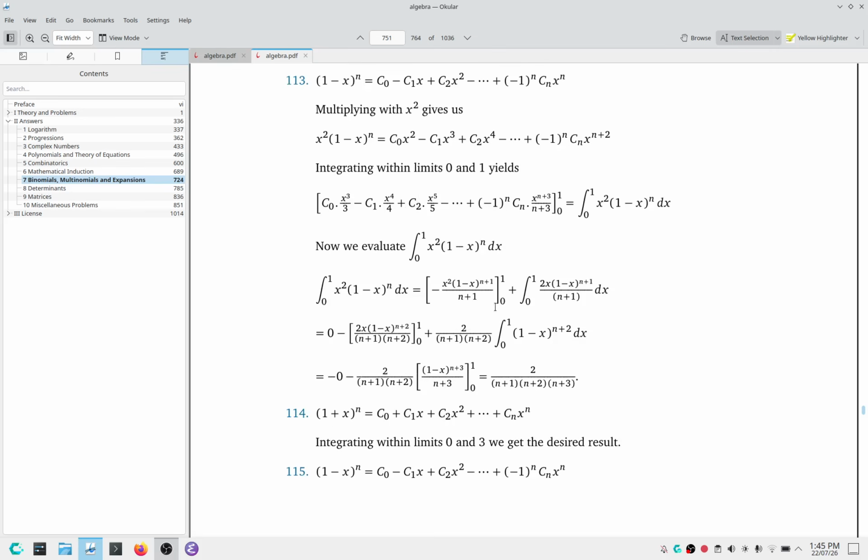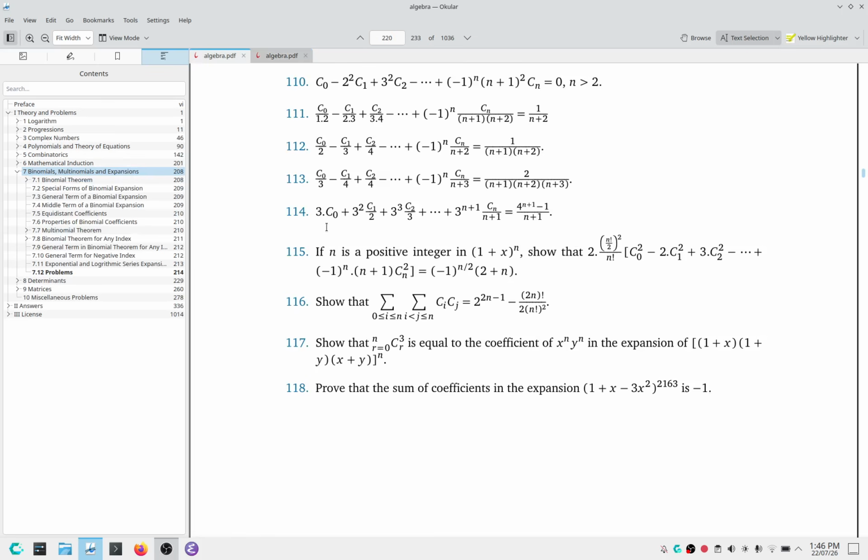This time integration is more complicated, but it's the same thing. If you see this left hand side over here, it is the required stuff, and you integrate, the integration is given below, it will eventually become 2 upon n plus 1 times n plus 2 times n plus 3.